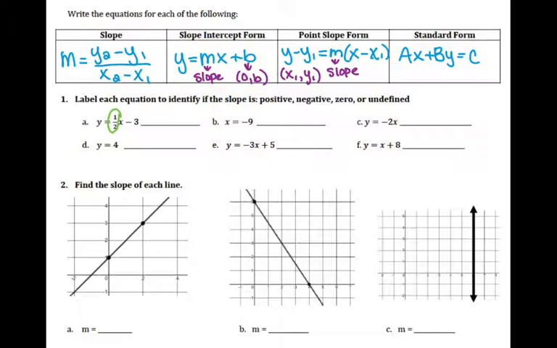I can clearly see that 1/2 is positive, so my slope for this one is going to be positive. Letter B, I just have x equals -9. When I have x equals a number, that is going to create a vertical line. And vertical lines are so steep that the steepness is undefined.